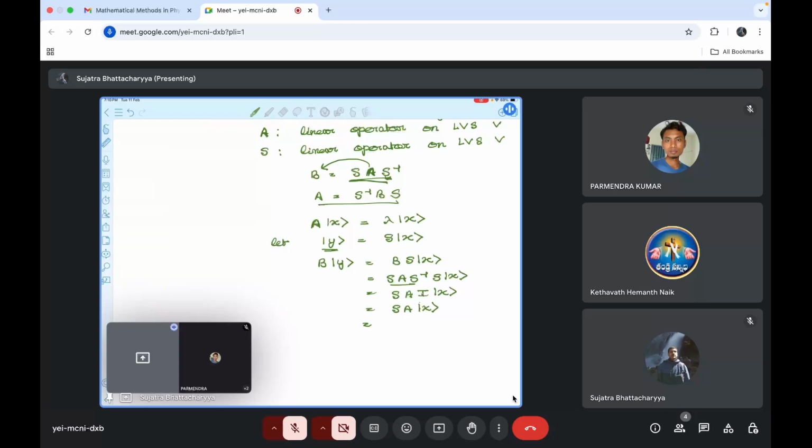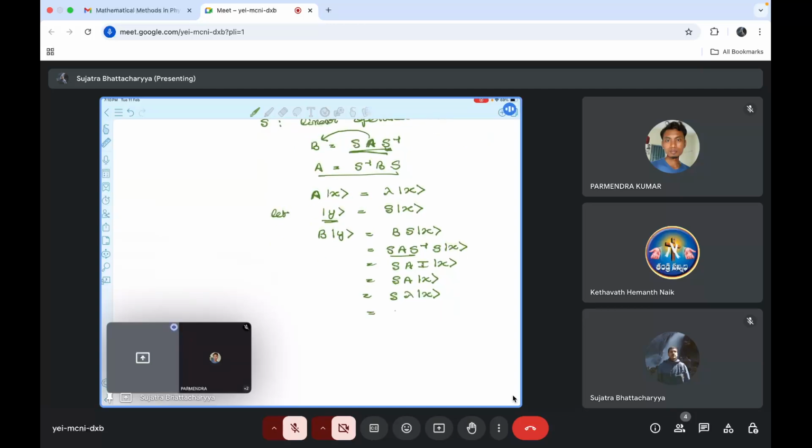And A operated on X is nothing but lambda X. So S lambda X. What I finally get is that B Y is lambda times S X, which is nothing but lambda Y. So whatever lambda we started with when we operated A on the vector X, the same lambda I get when I define a vector S operated on X as some vector and operate B on that vector.